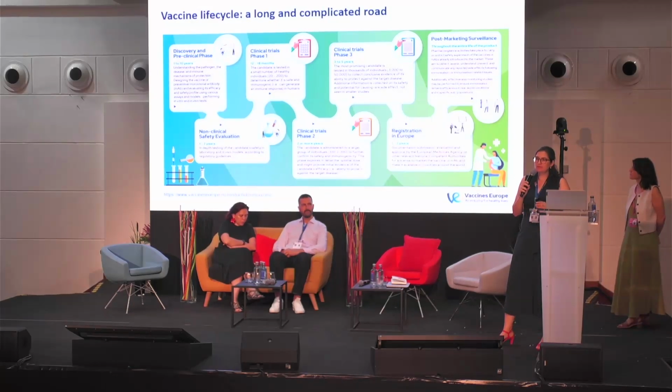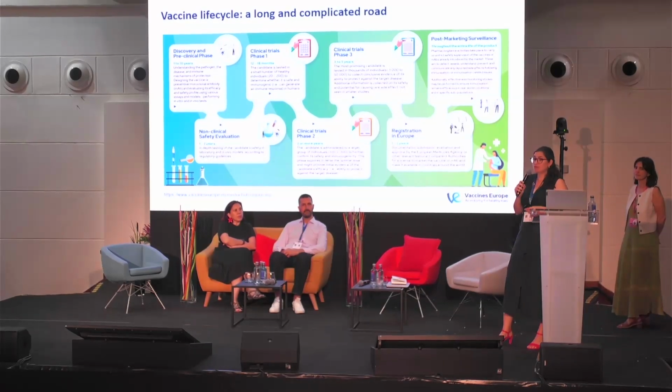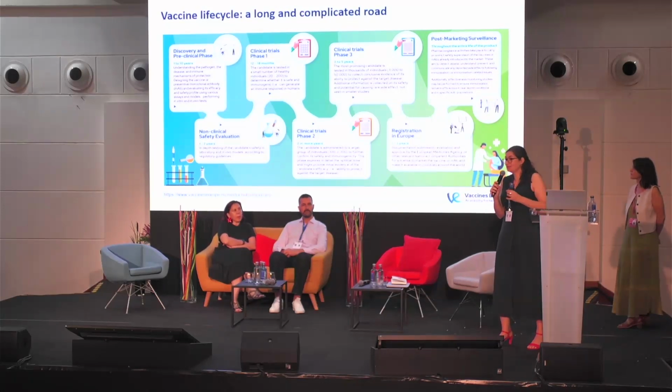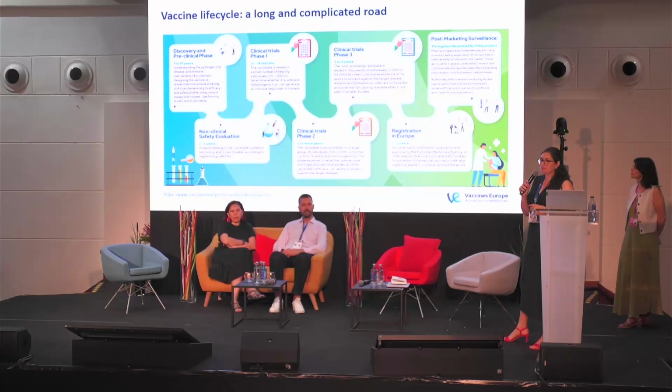I'm not going to go into all the details, but key messages are that it's long, it's complicated, because you start with discovery, which is understanding the pathogen, the disease, how your body responds to it, if it protects you or not, designing the vaccine, but also starting then after this discovery phase to assess it in cell and animal models, and that's the preclinical, non-clinical safety evaluation.